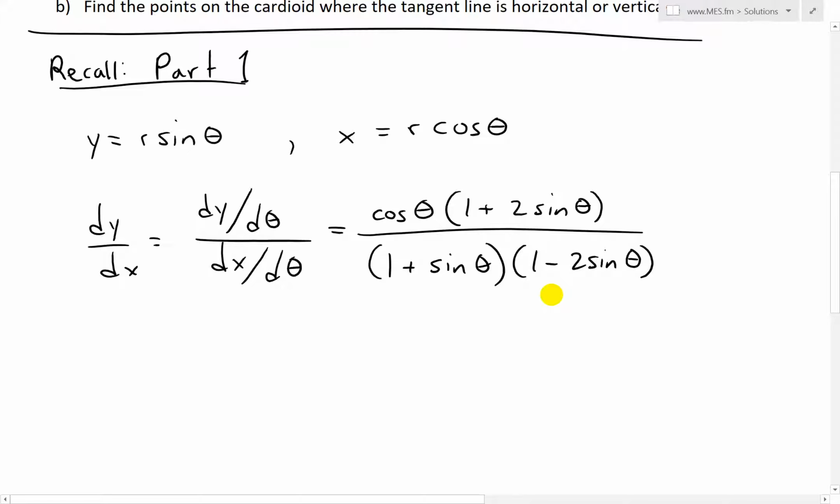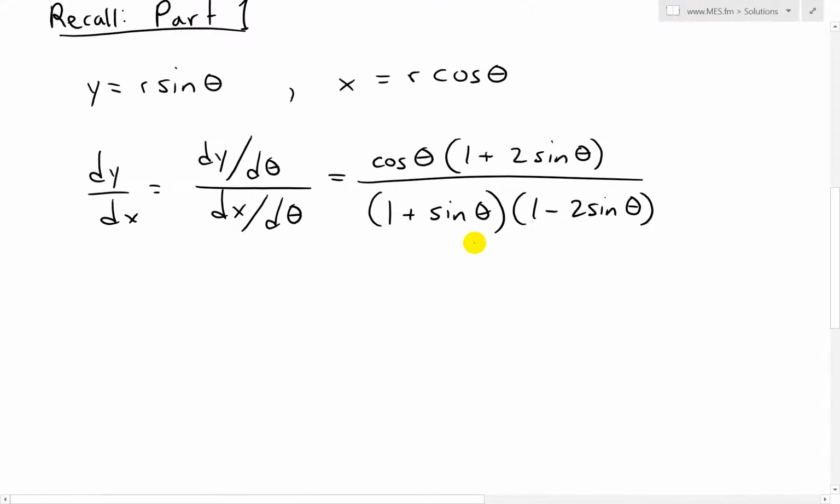So y equals r sine theta, x equals r cosine theta, and dy over dx, the slope of the tangent line, equals dy over d theta divided by dx over d theta, the derivative of y in terms of the parameter theta over the derivative of x in terms of theta. I showed that it equals cosine theta times (1 plus 2 sine theta) divided by (1 plus sine theta) times (1 minus 2 sine theta).